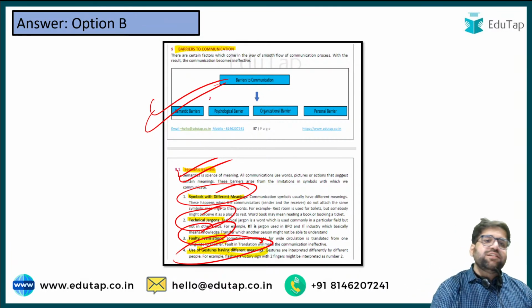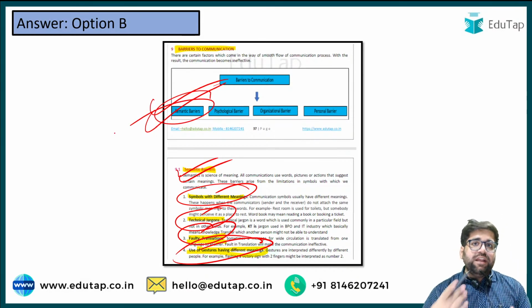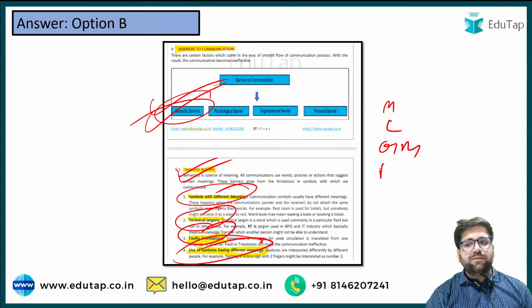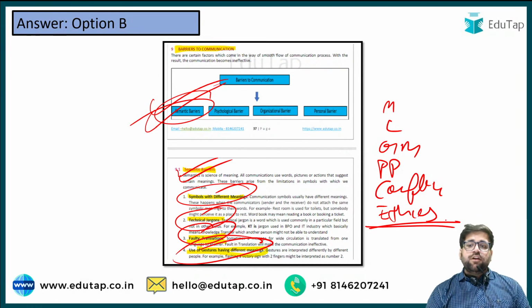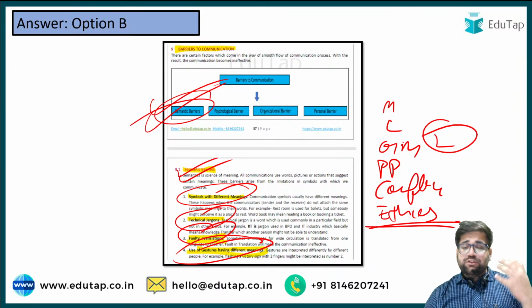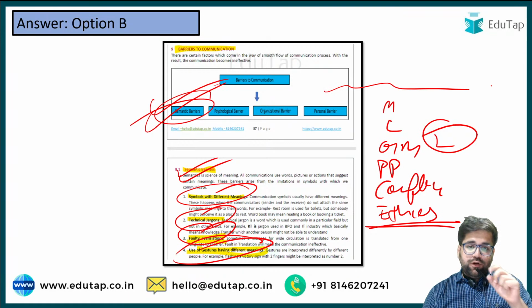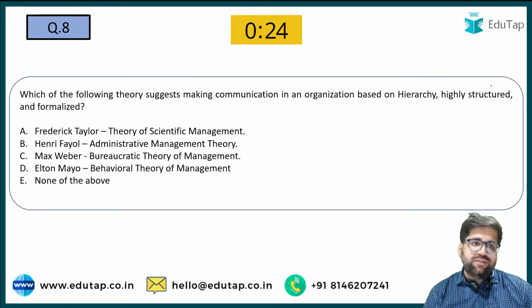For example, if they have just given you a meaning of semantic barriers, that is not a good case, because you have to go deep into some core chapters: motivation, communication, management, personality, perception, conflict. To some extent, you can also say ethics. All these are core management chapters, leadership as well. So you have to understand all these chapters going deep. You cannot just have a surface reading, because if you are doing surface reading, then you are doing selective reading which can backfire sometimes.